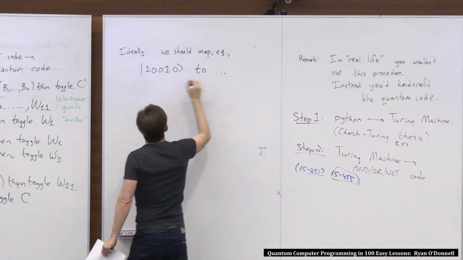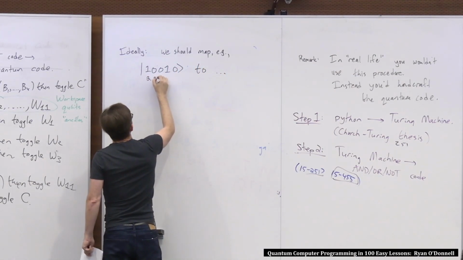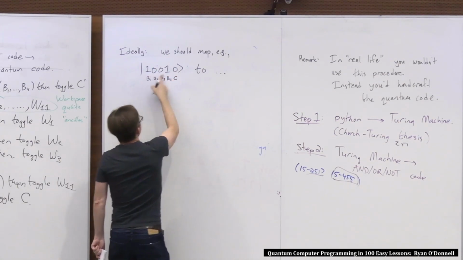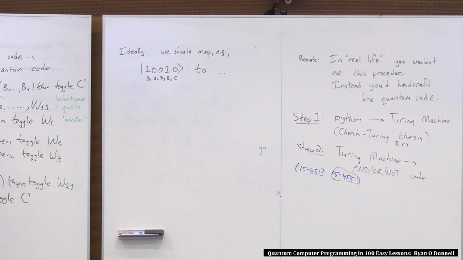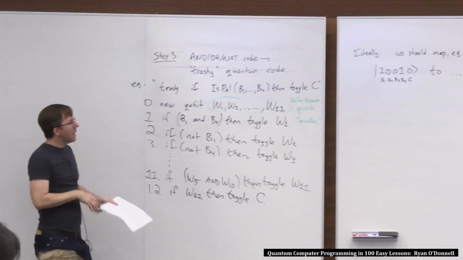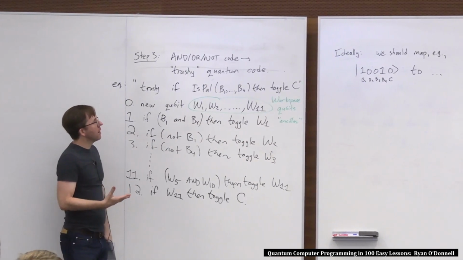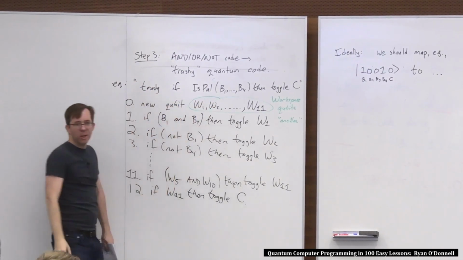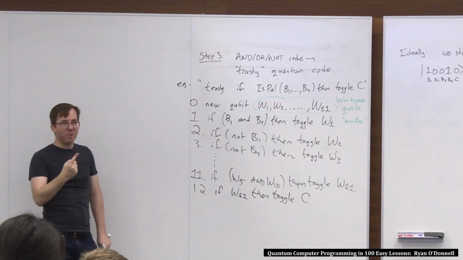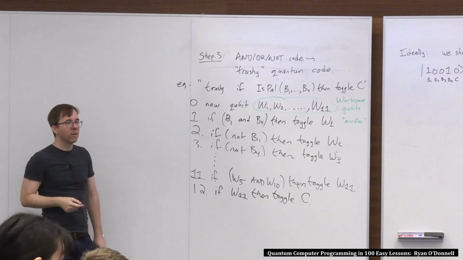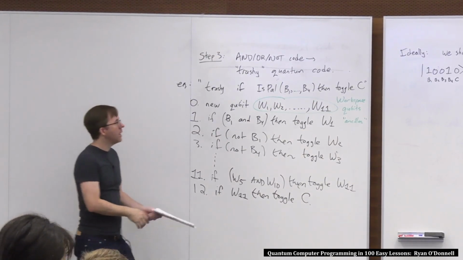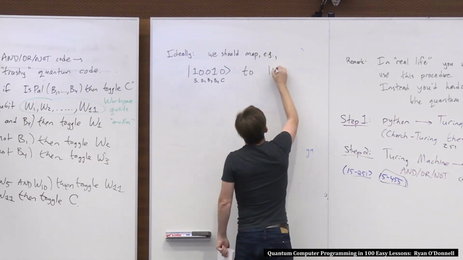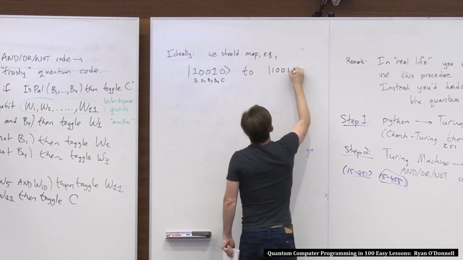Imagine we have qubits B1, B2, B3, B4, and C, and they're in this basic state, 1, 0, 0, 1, 0. What ideally would be the new basic state if we had properly, exactly implemented this? Bearing in mind that palindrome means it reads the same forward and backwards. Yes, ideally, we should have mapped this to 1, 0, 0, 1, 1.